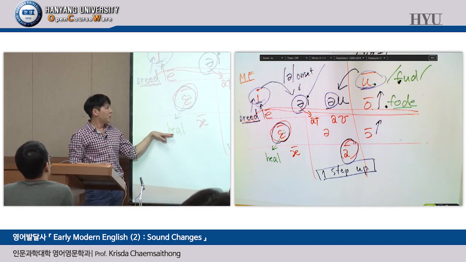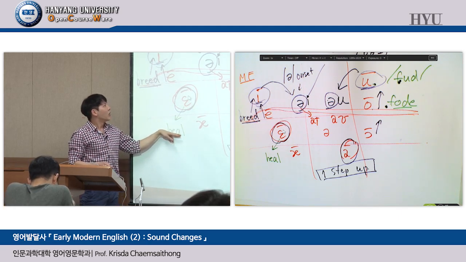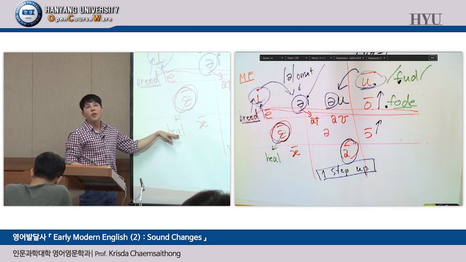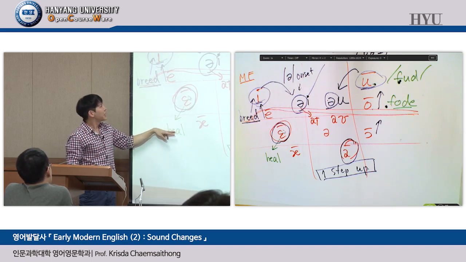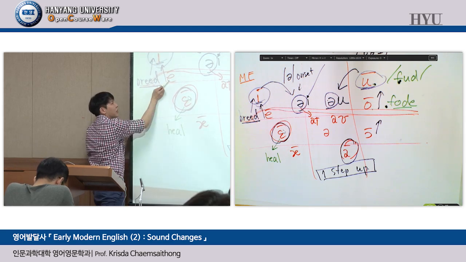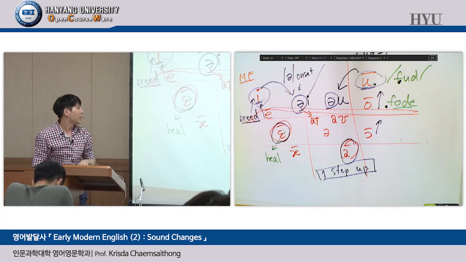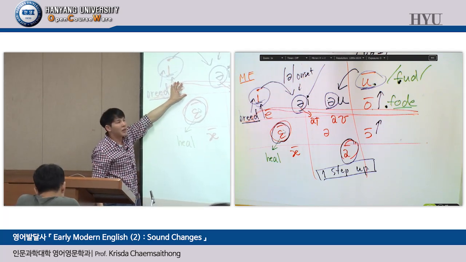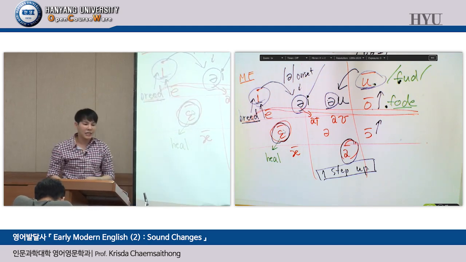So it used to be "hail," right, "hail." Now, nowadays, how do we pronounce it? "Heal," right, "heal." So it means that it ended up here, right, E. So from here to here. So it means that it must have undergone two steps up, right, for this one. So the middle step is "hail" and then "heal" like this.